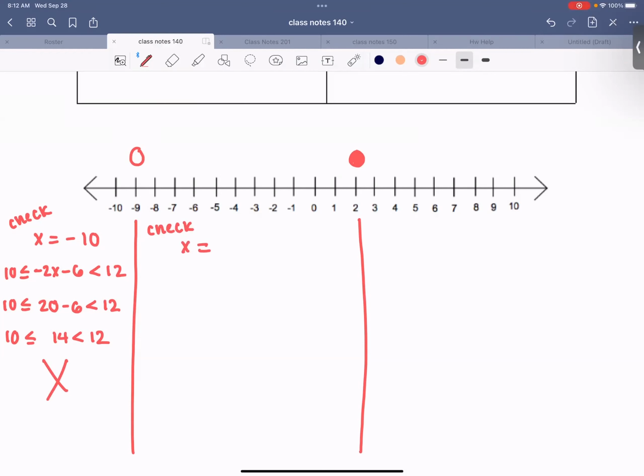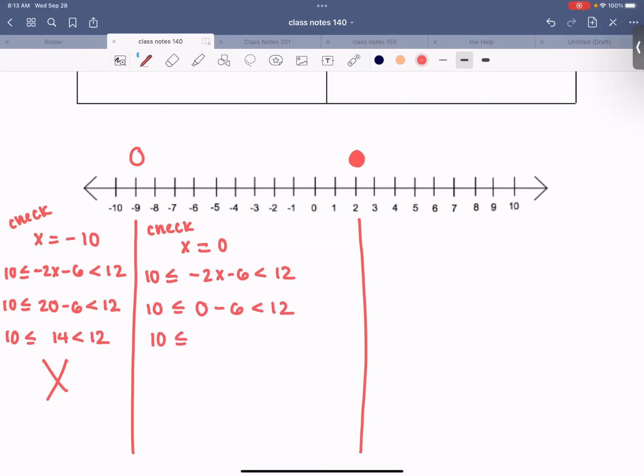Give me a number between negative 9 and 2. That's kind of hard. 0 is easy. I like negative 5 would work. I'm going to choose 0 because 0 is easier for me to plug in. So negative 10 is less than or equal to negative 2x minus 6 less than 12. Plugging in, we get negative 2 times 0 is 0, minus 6 is less than 12.